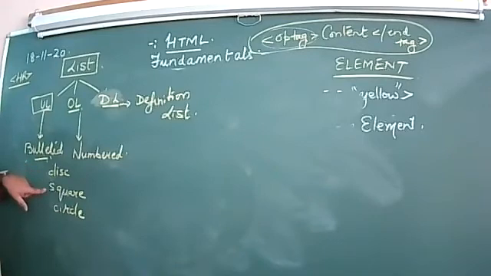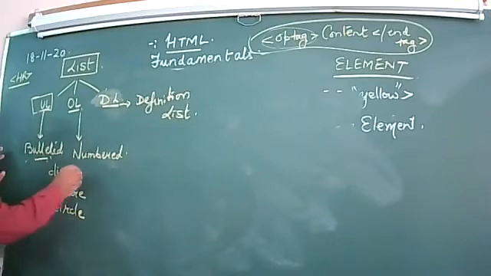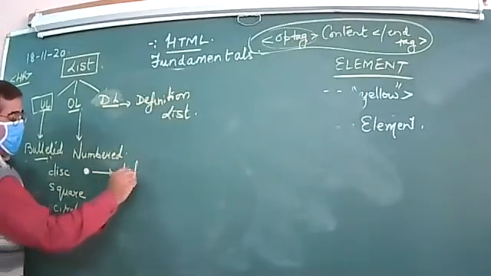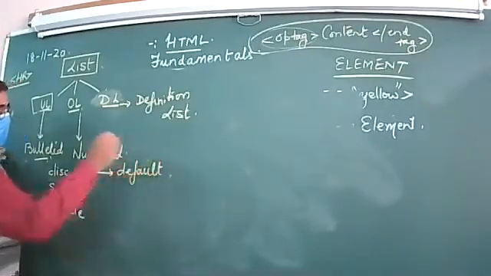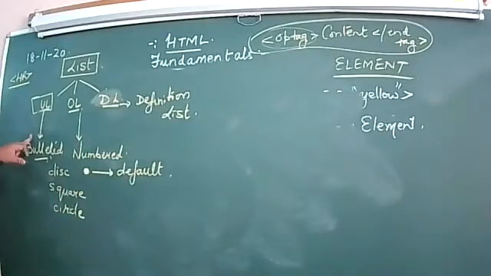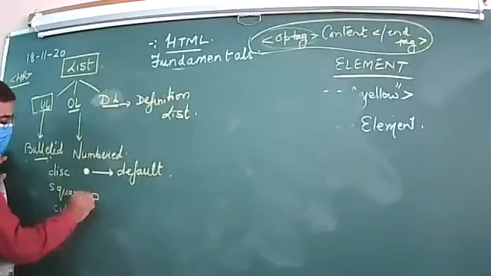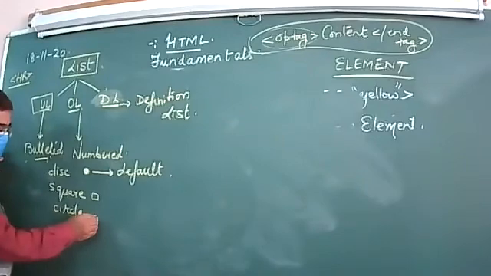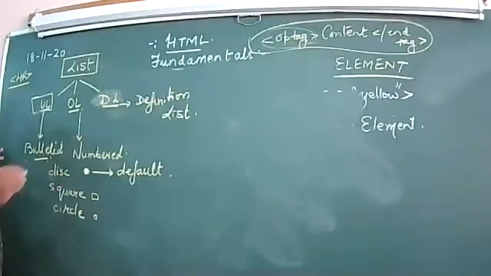The three types of bullets that are displayed in a UL list are disc, square, and circle. Disc means solid dark circle, and this is the default value of the type attribute of unordered list. Square means a small square, and circle means just a small circle with no shaded portion.